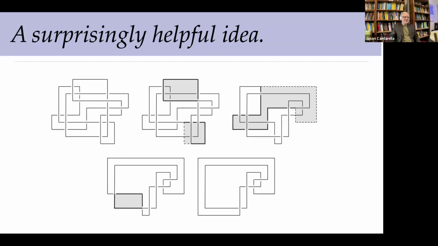And you can do something similar in the picture on the top right, where you're like, okay, this heavily shaded arc goes under 1, 2, 3, 4, 5 arcs of the thing. But I could reroute it around the outside to go through only one. So it'd be a lot better to do that. So this is the idea. The first idea then is to find these over and underpasses or these bridges and try to reroute them.